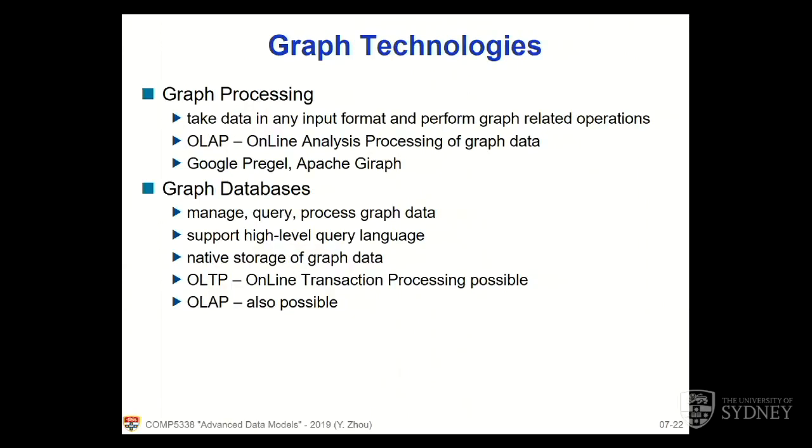One is called graph processing. Basically, it's more interested in implementing complicated algorithms on top of graph data. So it's not really about how to store it. The data can be in any input format, in a database, or in plain text files, or other things. Most likely, we just load all the data in, assuming the data is not that big, and then we perform graph-related processing, like online analysis processing of graph data.